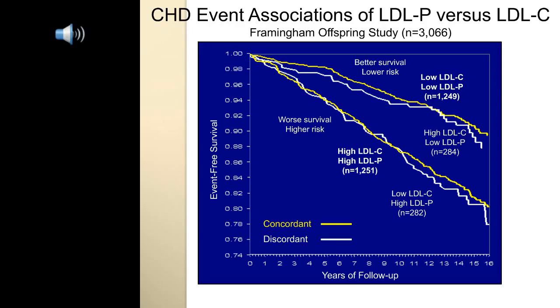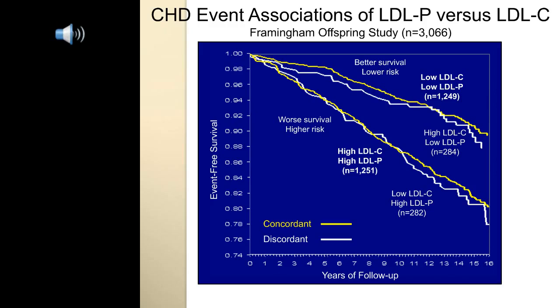In the yellow lines, you see where there's agreement. So we have a yellow line of better survival in patients who had both a low LDL cholesterol and a low LDL particle number, worse survival in those with a high LDL cholesterol and a high particle number, so that's where there is concordance.